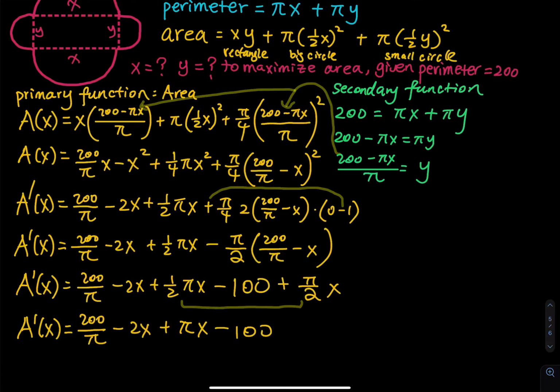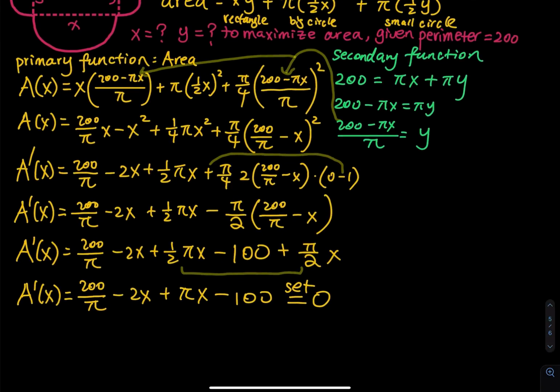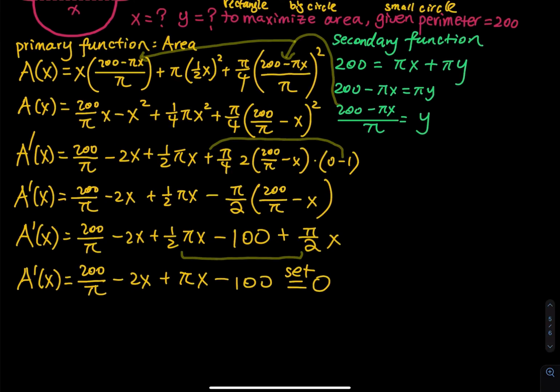So finally this is fully cleaned up, and then we have to set that equal to 0 because we are looking for a critical number at the horizontal tangent, and then to prove a maximum we need an increasing and then decreasing. Okay, let's solve for x then. So to solve for x, I'm going to move all the x to the other side. So we have 200 over pi minus 100 equals 2x minus pi x.